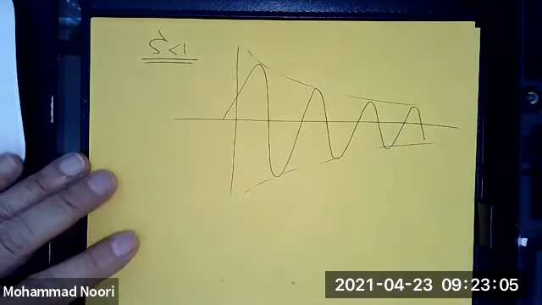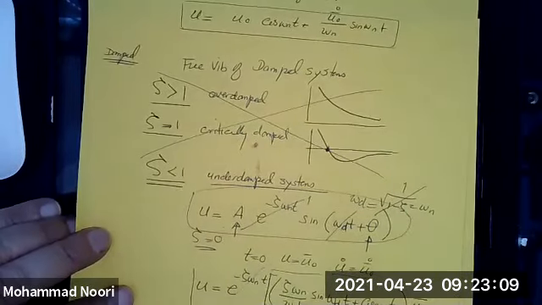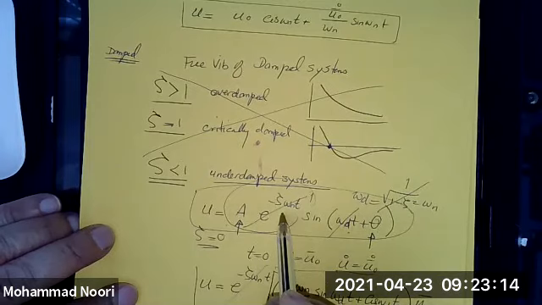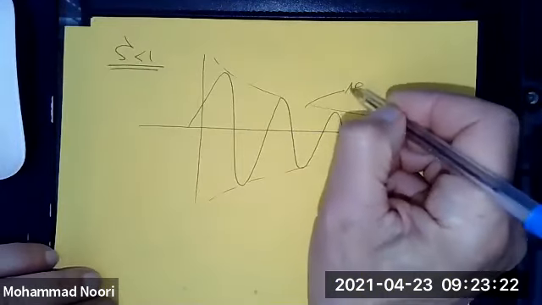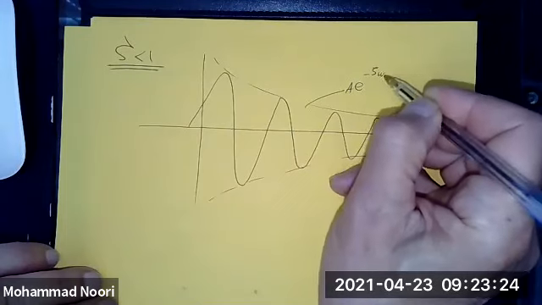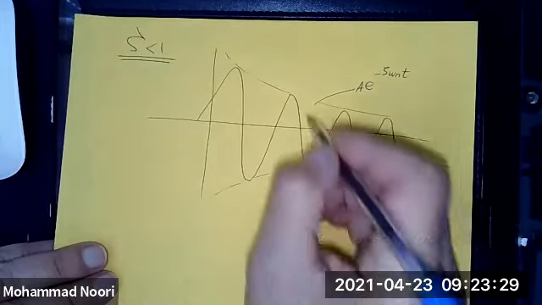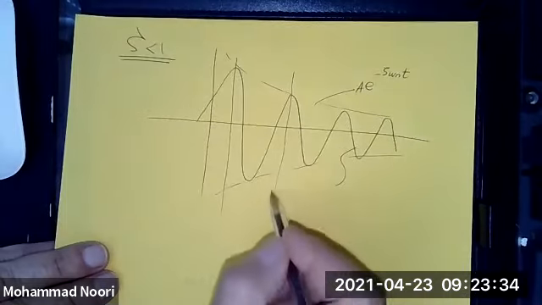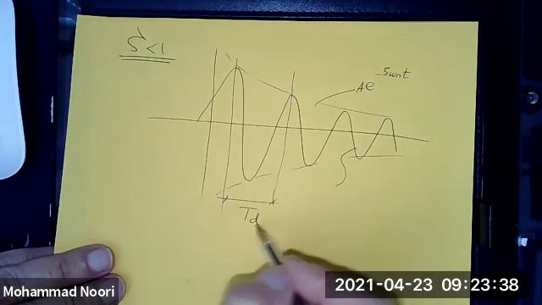And this is due to the reason that this is the equation, right? A sinusoidal motion with a decaying amplitude. Where this is the amplitude, A e to the minus zeta omega n t, and this is the motion, and this is the period of the motion.